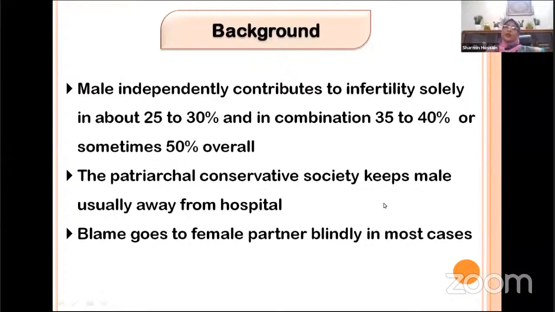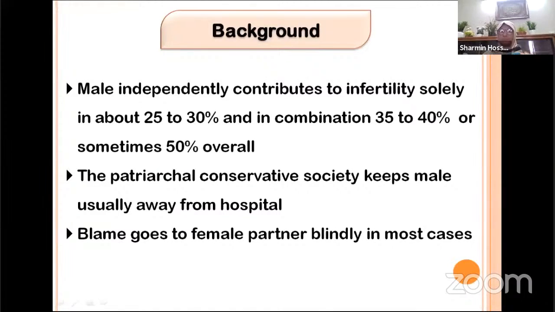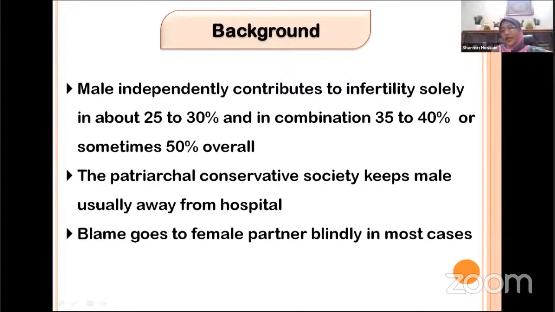We all know that males independently contribute to infertility solely in about 25 to 30% of cases, and in combination 35 to 40%, or sometimes 50% overall. The patriarchal conservative society usually keeps males away from hospital.